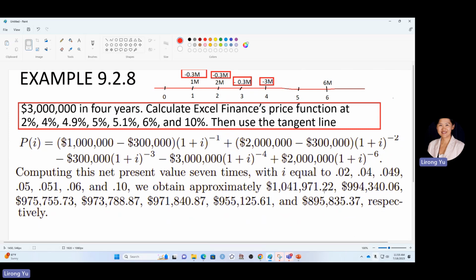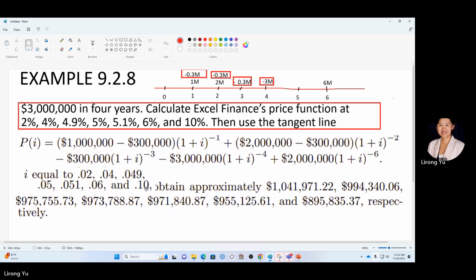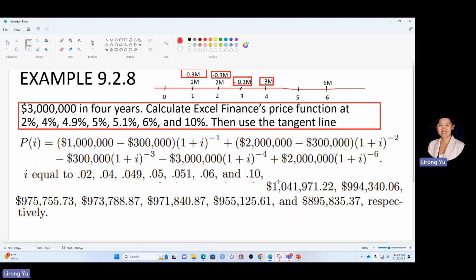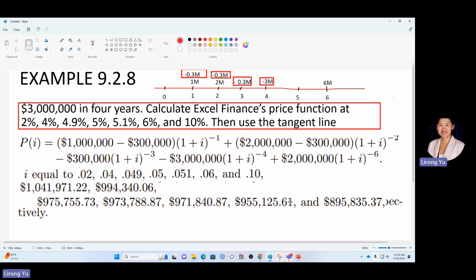In the price function, if you plug in all these i values, this is our i value, you'll be able to find the price P(i), and the P(i) end up being all these numbers. I skip the part of how we enter this into the calculator. I guess the easiest way is to set up the function and then plug in the i value into the function. This can be done using your calculator or a computer.